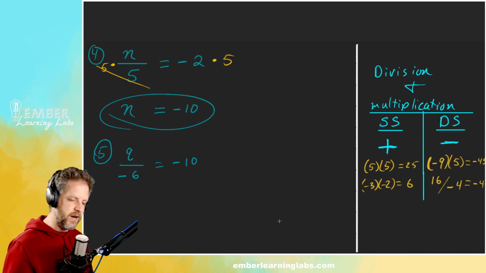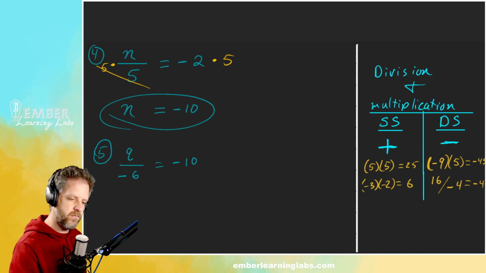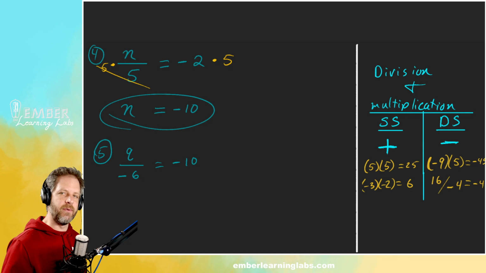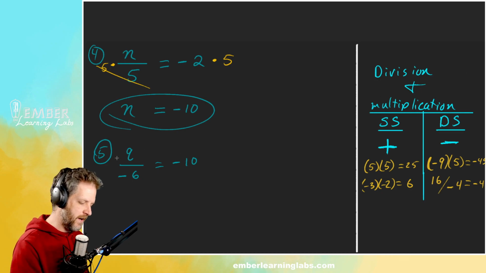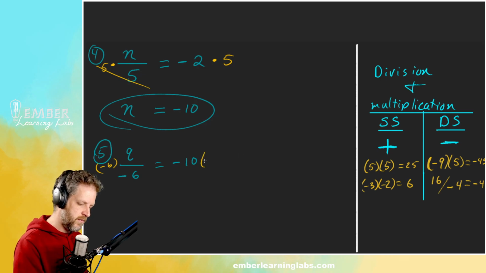All right. So how are we going to get rid of that negative 6? You have to put it on both of them. Are we going to add, subtract, multiply, or divide to get rid of it? Multiply, yeah. Multiply times negative 6.